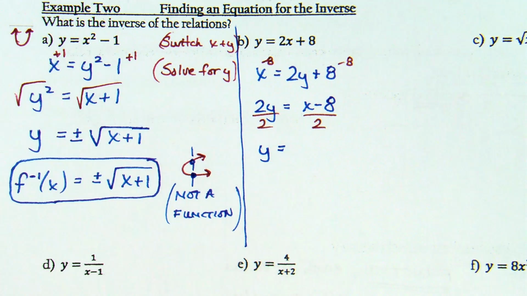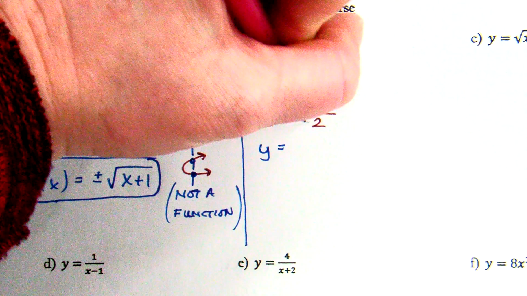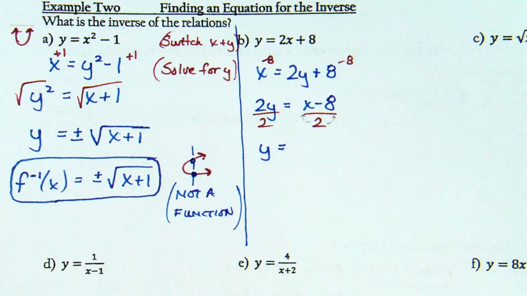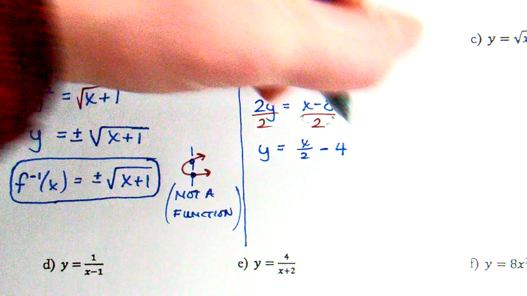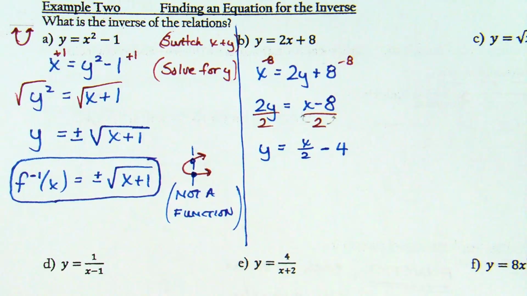It will divide into both pieces. And so if you think about that, X divided by 2 minus 8 divided by 2 is 4. And no, I did not say X minus 8 over 2 is wrong. That's equivalent as well.